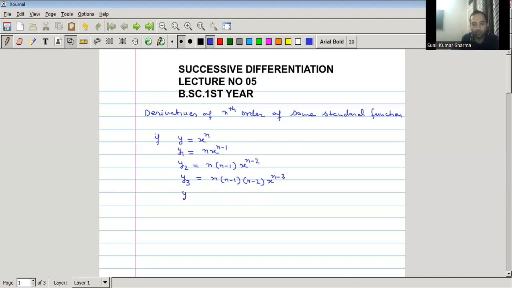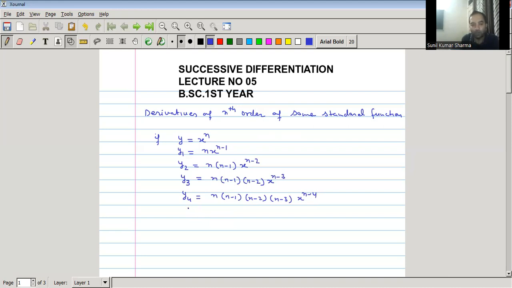Okay, so tell me what is y4. You write y4 in your notebook and check whether it is correct. So n into n minus 1 into n minus 2 into n minus 3 x raised to power n minus 4. So this is the fourth derivative.